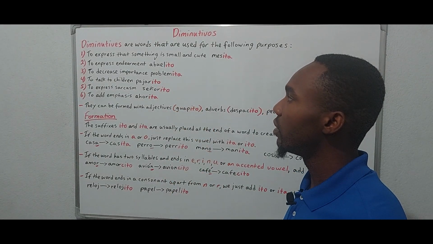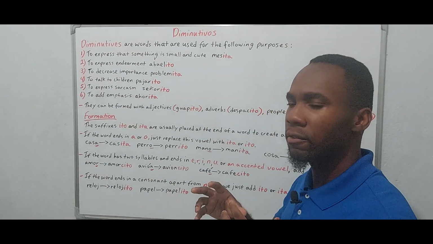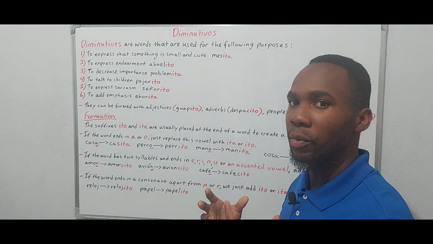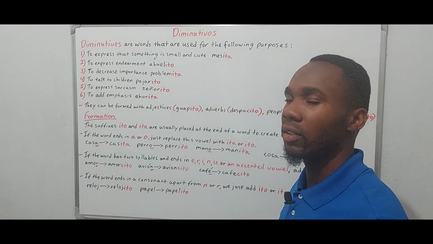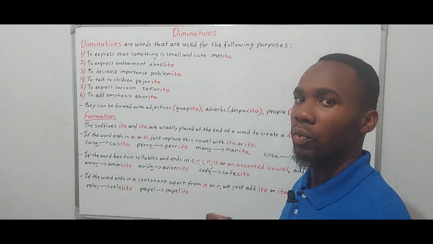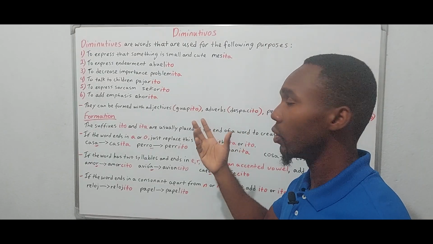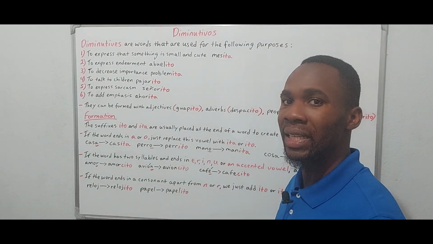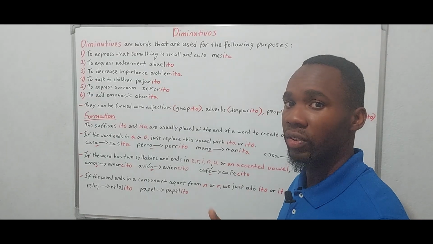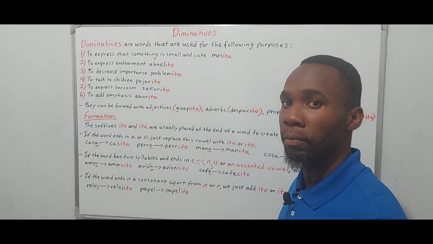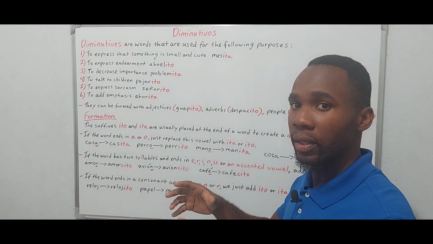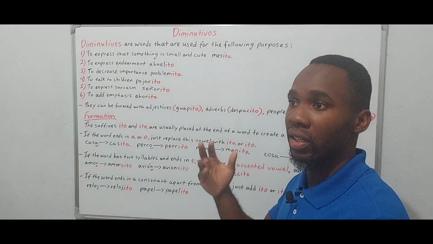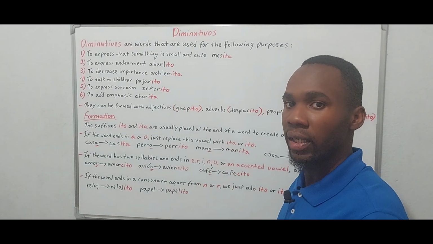Three, to decrease importance. If we have a situation and we want to reduce or minimize its seriousness, we can use a diminutive. For example, problemita. Naturally, that comes from the word problema, which is a problem, and a problem can be big or it can be small, right?